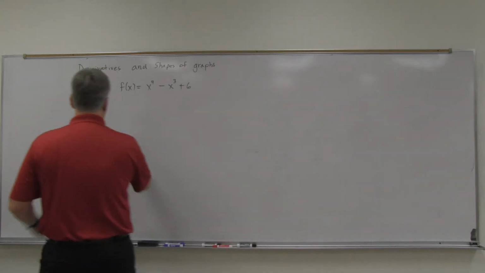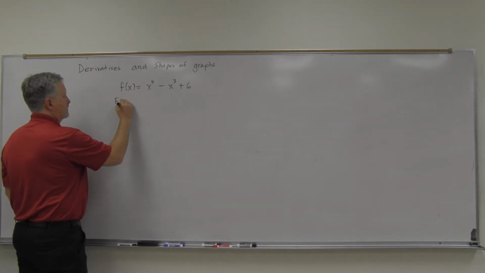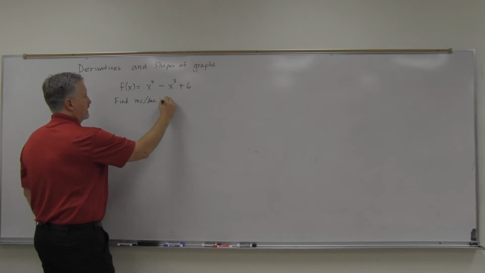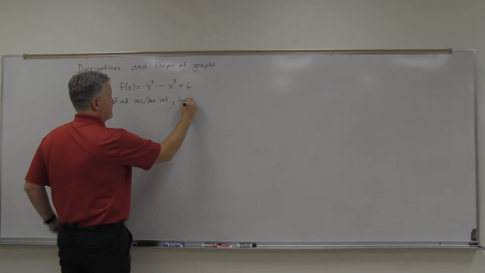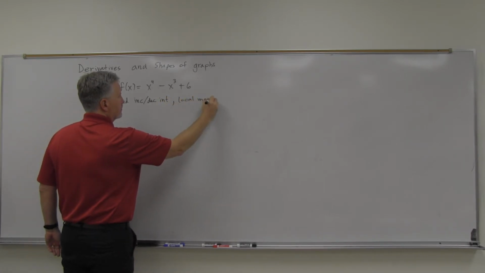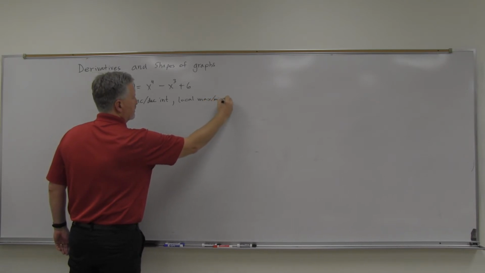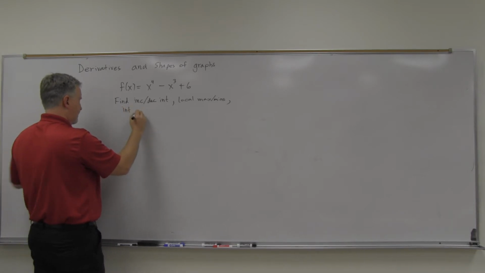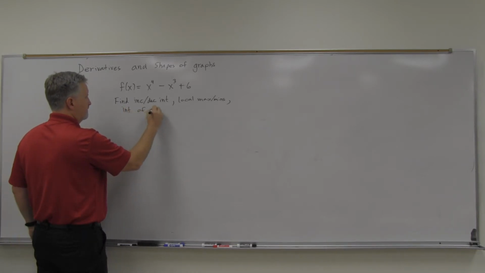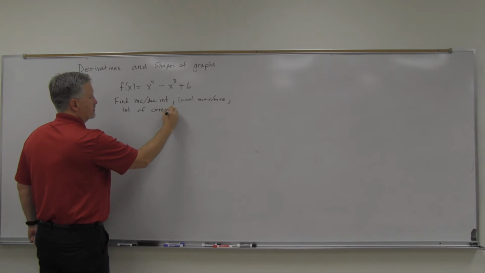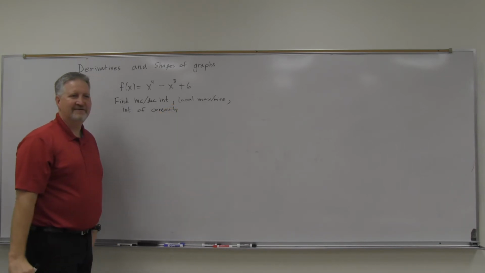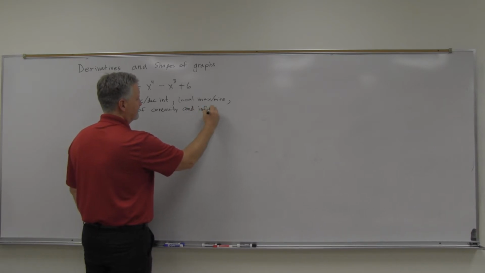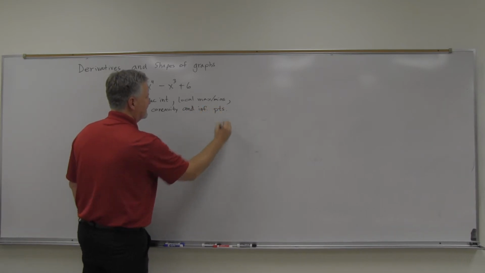I want to find increasing and decreasing intervals, local maxes and mins, intervals of concavity, and inflection points. Because that's what I have you do on some of the homework. So it's all four pieces.